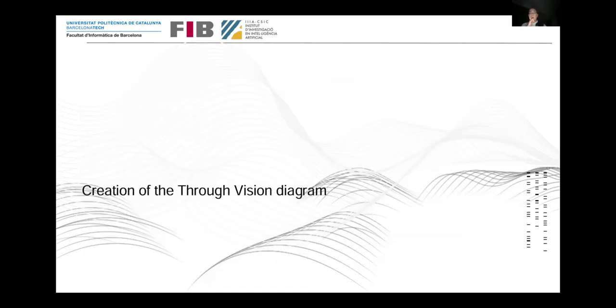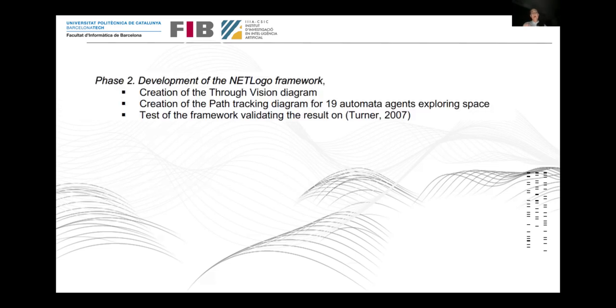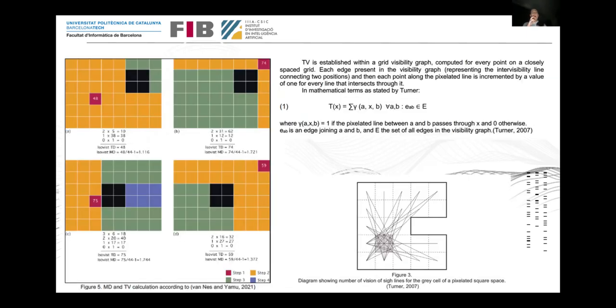took place. So for this validation, as we said, we went through the Turner's third vision mathematical demonstration. The very first thing we did was to understand how to implement, in our framework created in NetLogo, an automatic calculation of the through-vision diagram once a plan was read by the system.